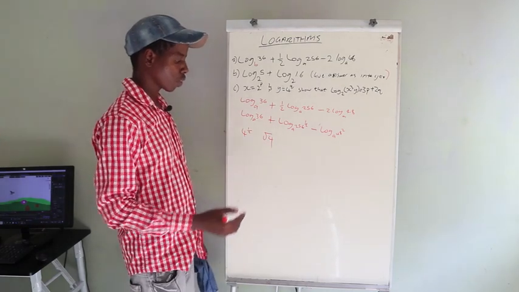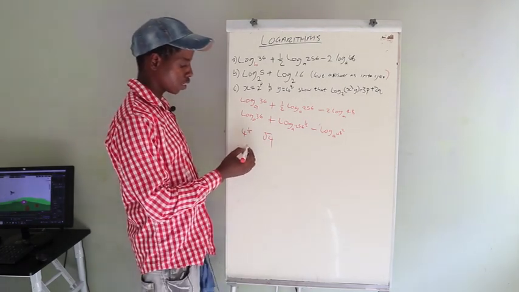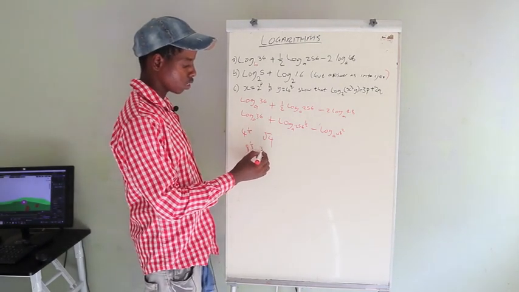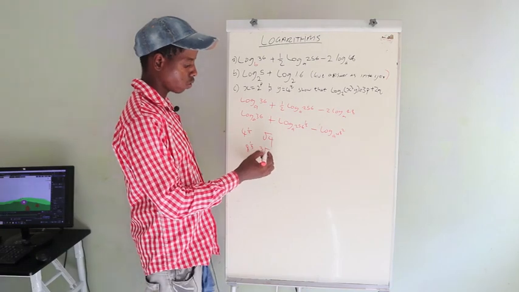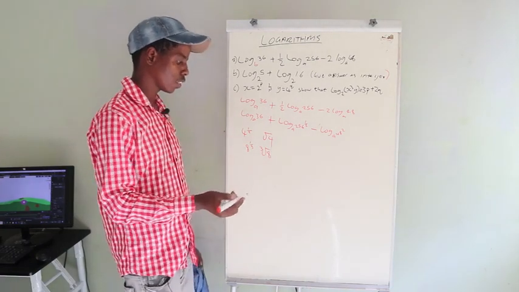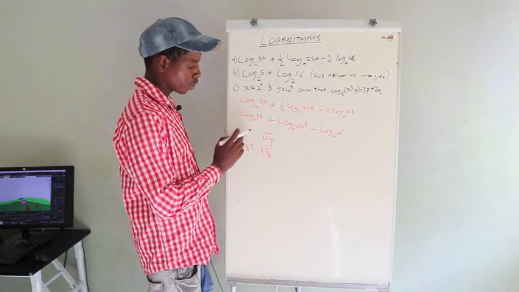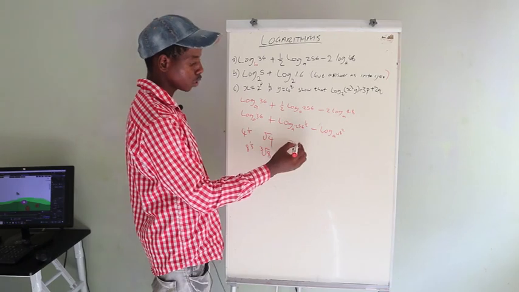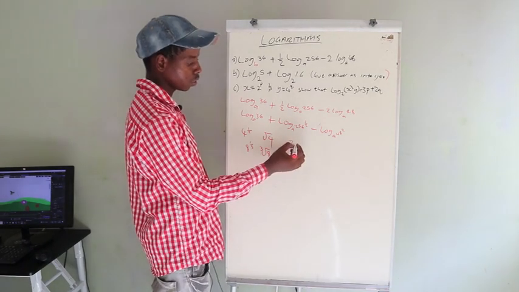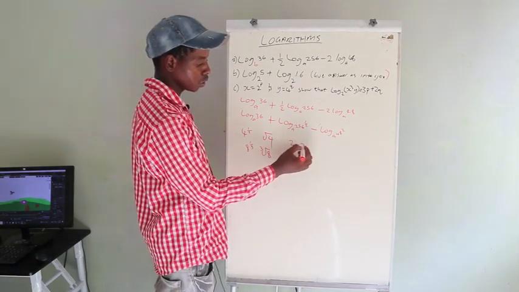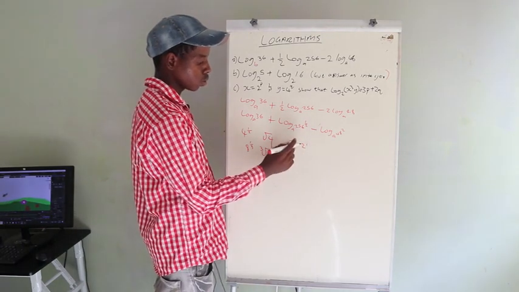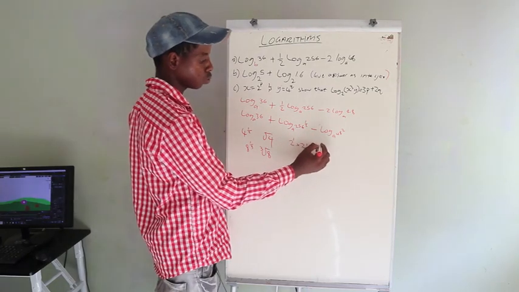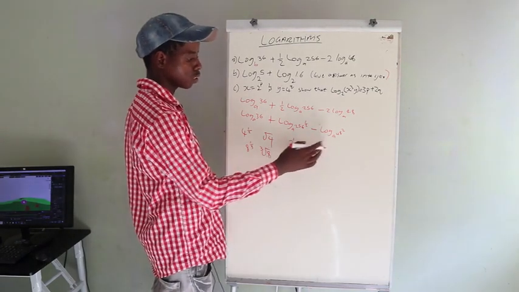If we have 8 to the power 1 over 3, this is the same as the third root of 8. 4 is 2 times 2, right? So let's go back to indices. 2 times 1, since the base is the same, we add the powers. So we have 2 to the power 2, which is 4.